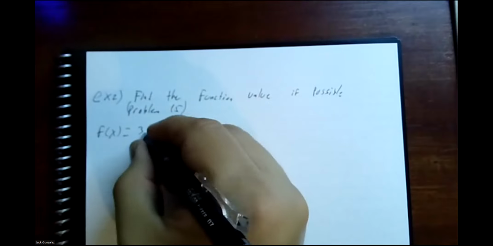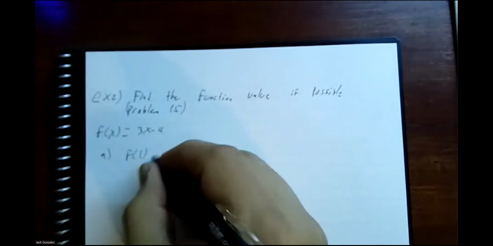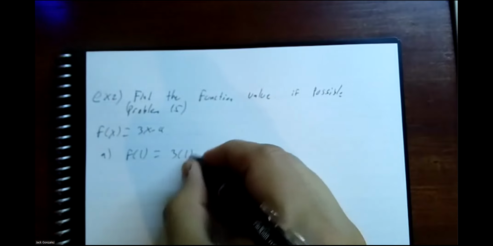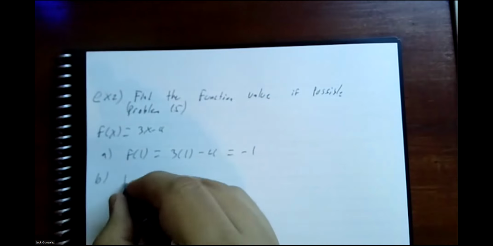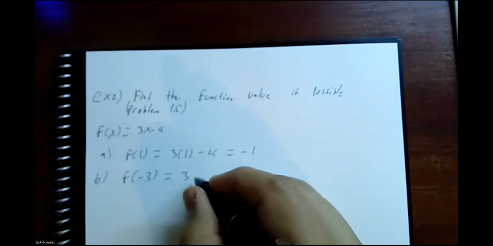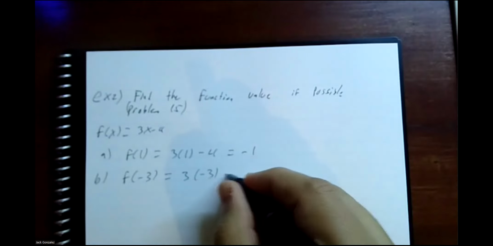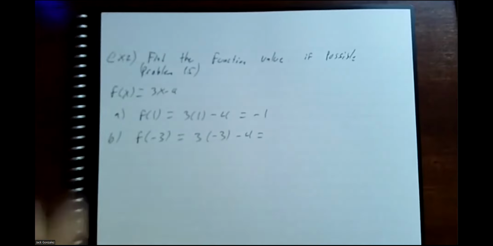They give us a function equal to 3x minus 4. So part A says f of 1. That means 3 times 1, right? Part B says f of -3. So 3 times -3 minus 4.